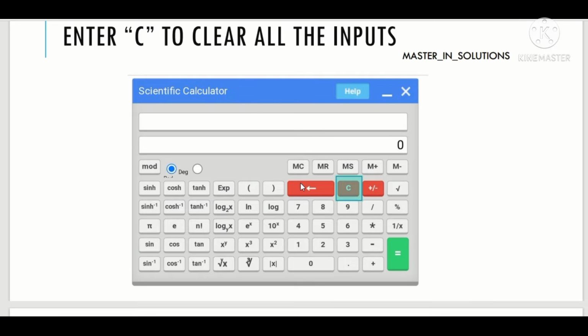Let me introduce first the C to clear all the inputs. Here we have a C-like symbol, and whenever we press this, it clears all the data that was there previously. Let me explain in a Chrome manner.